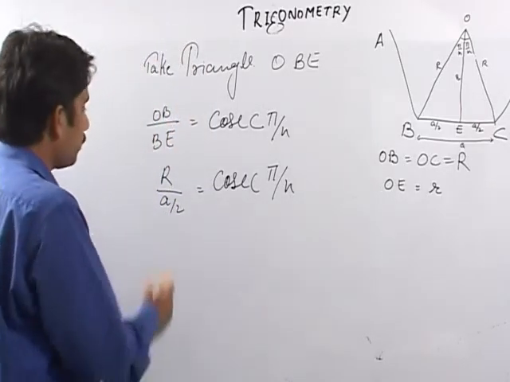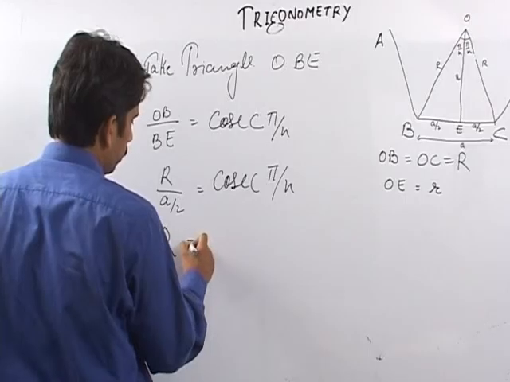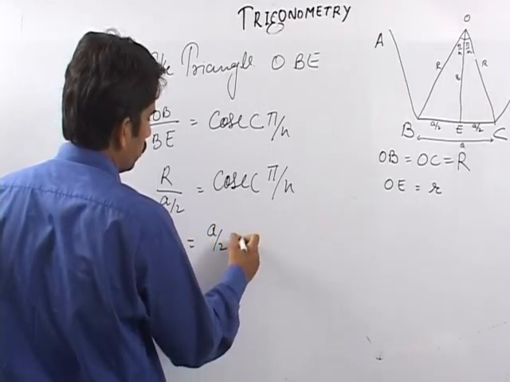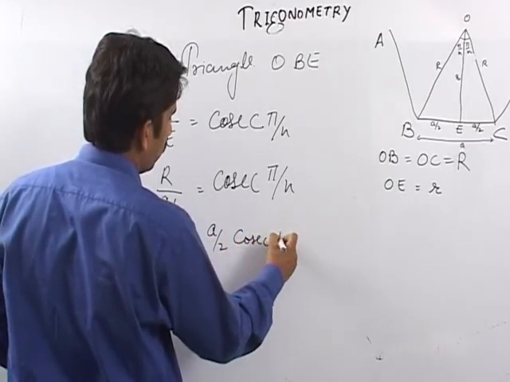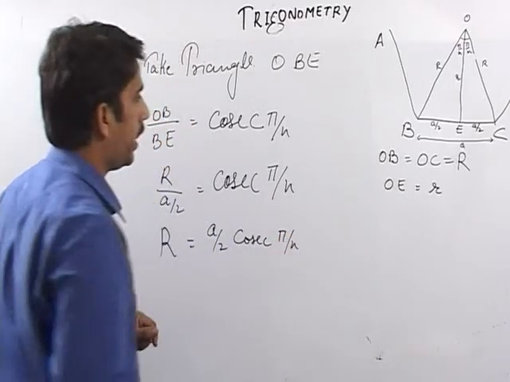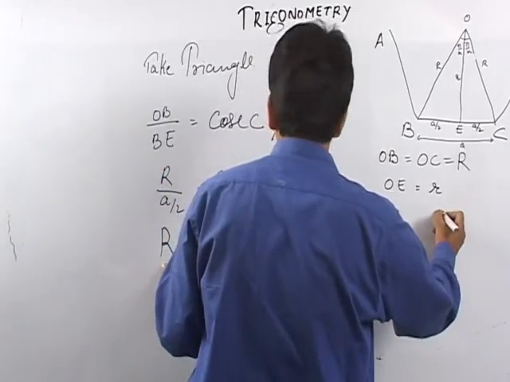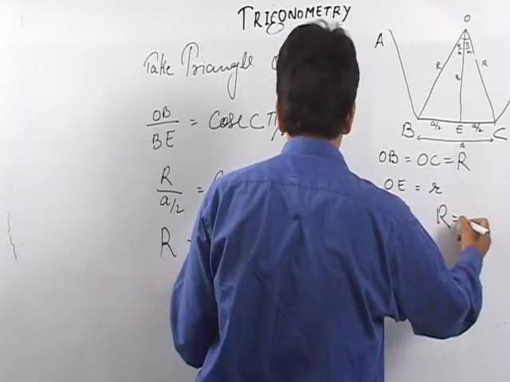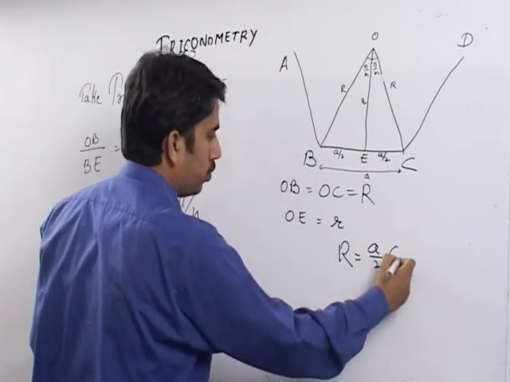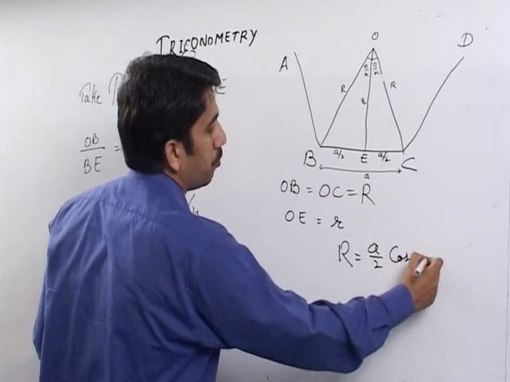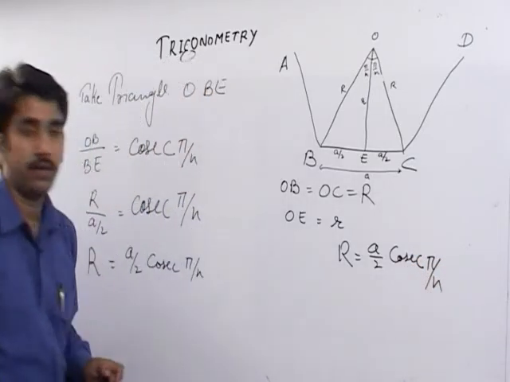Now this R will be equal to a by 2 cosecant pi by n. Therefore, here is the result for the circumradius, and that is a by 2 cosecant pi by n.